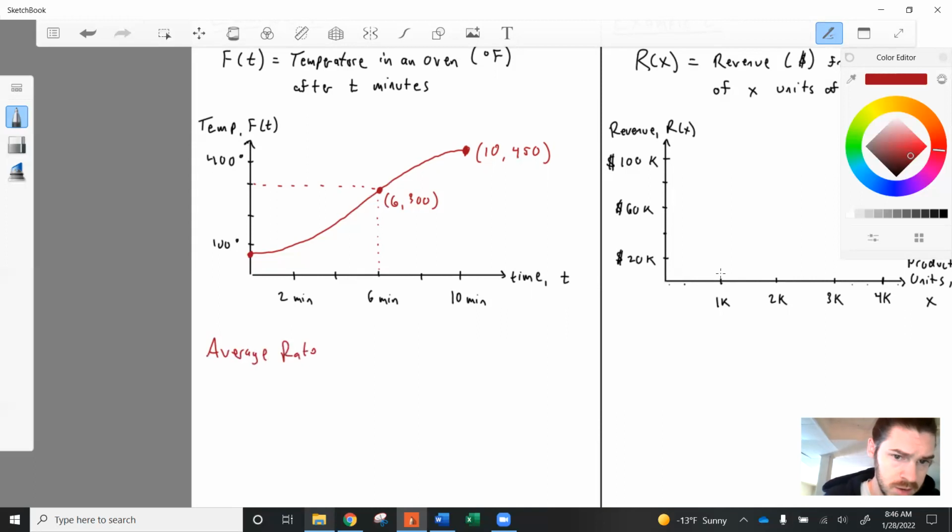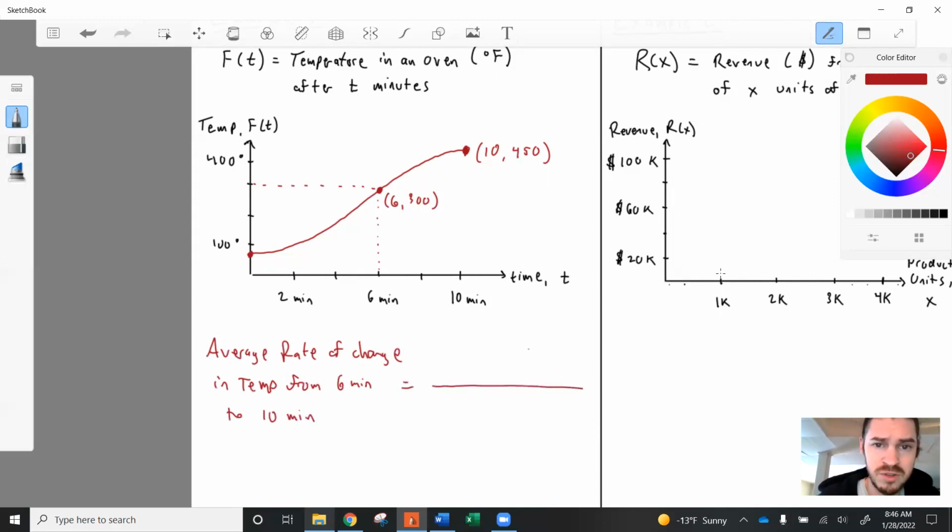Average rate of change in temperature from 6 minutes to 10 minutes. Right, that particular time interval. And we calculate that by just doing change in the function.